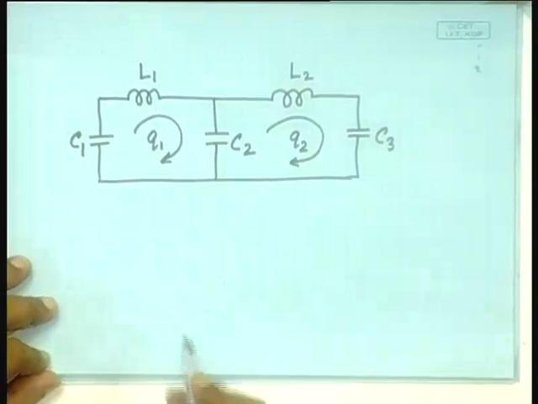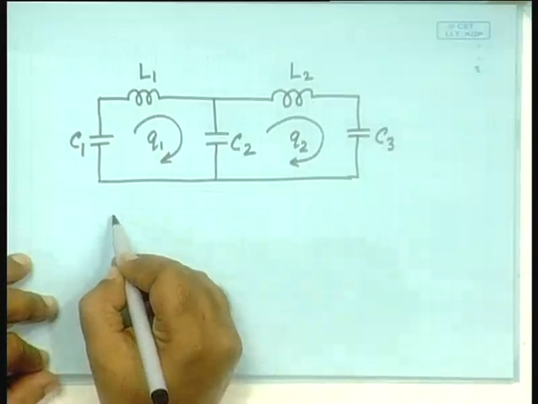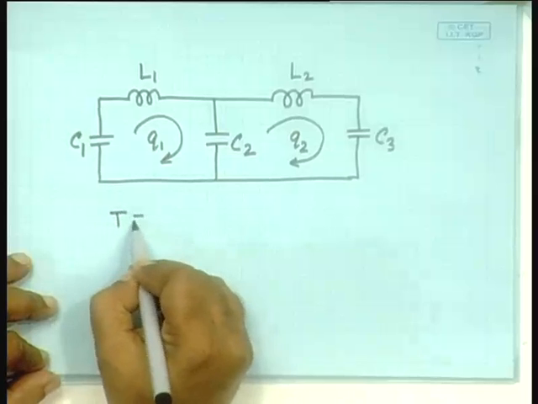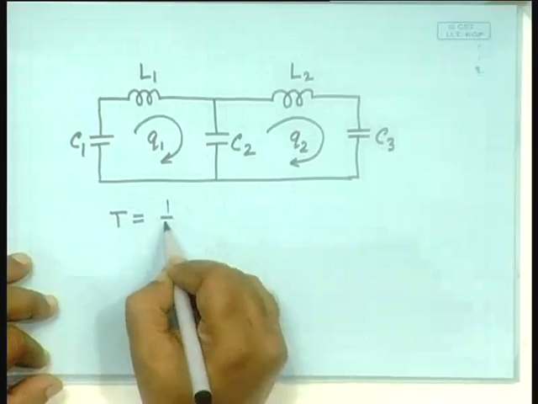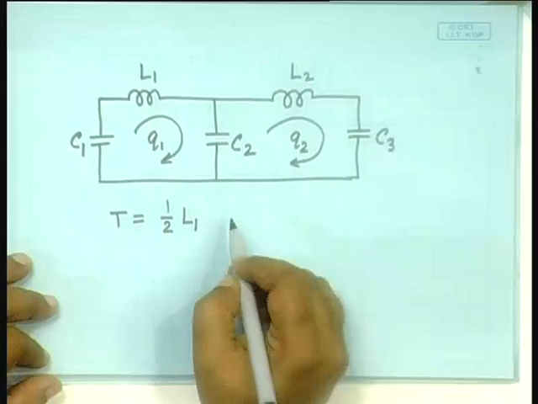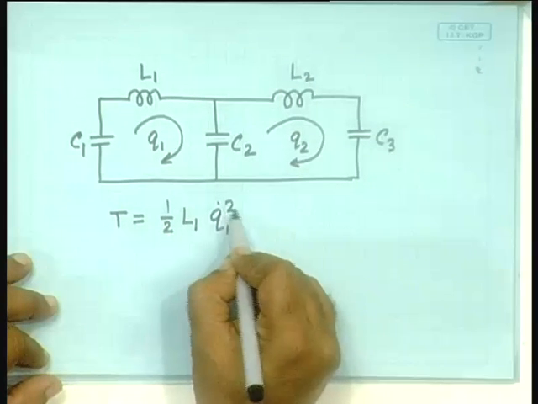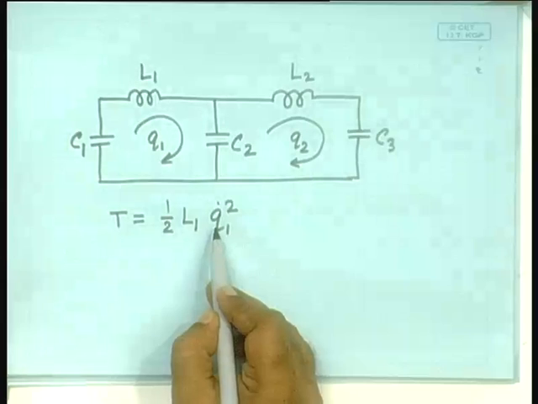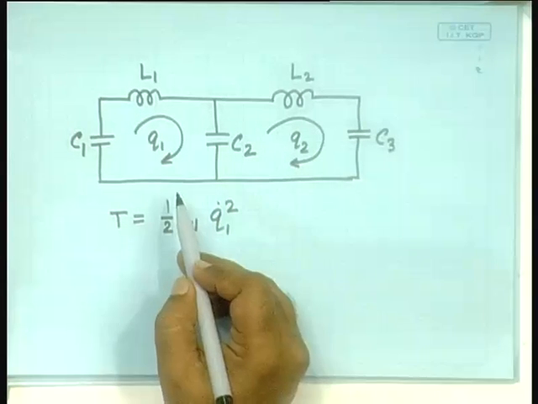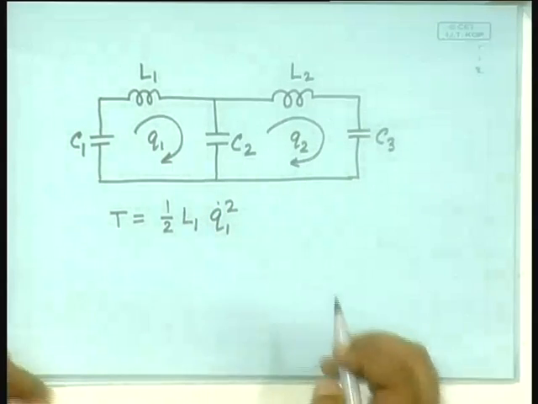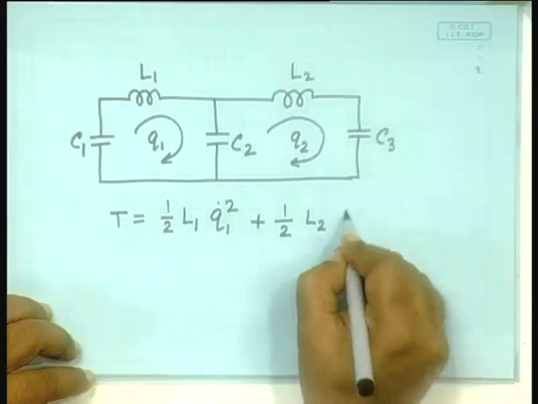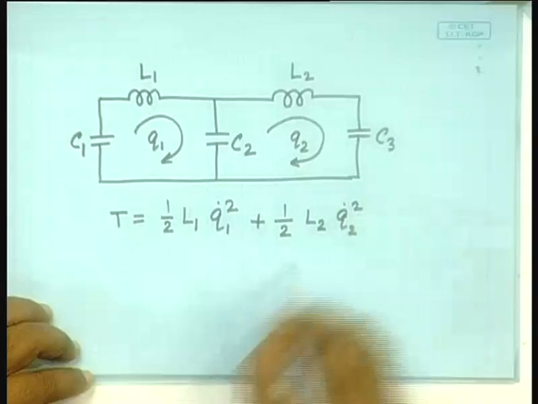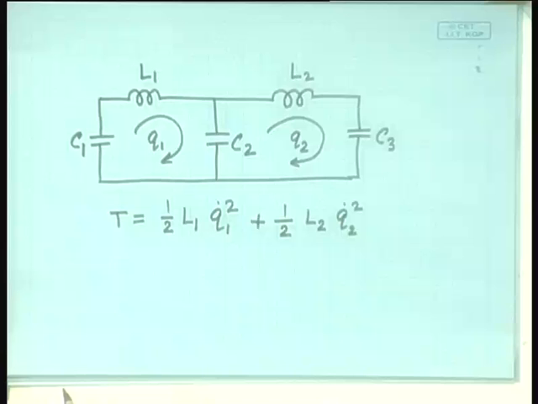So, if that is so, then you have your T in this case half L1 Q1 dot square. Q1 dot is nothing but the mesh current, plus half L2 Q2 dot square.